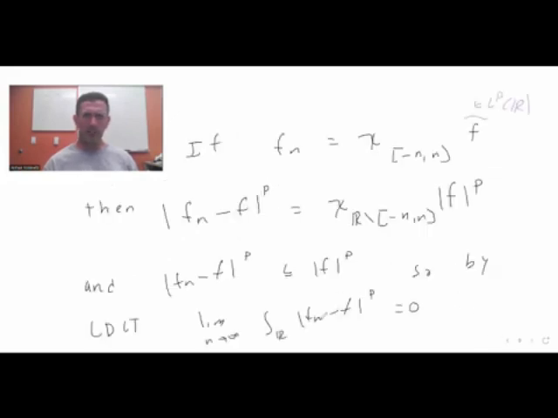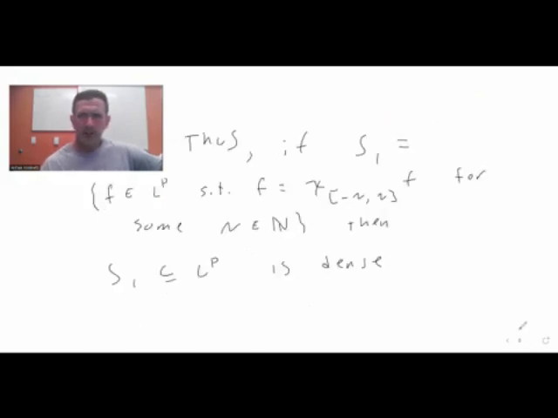Right? We have explicitly shown that F is the limit of Fn in LP, and Fn equals the characteristic function of minus n to n times Fn. You multiply Fn by the characteristic function of minus n to n. You're just literally multiplying the characteristic function of the same set twice, which has no effect. So each Fn is in this set here, right? So this is dense, right?